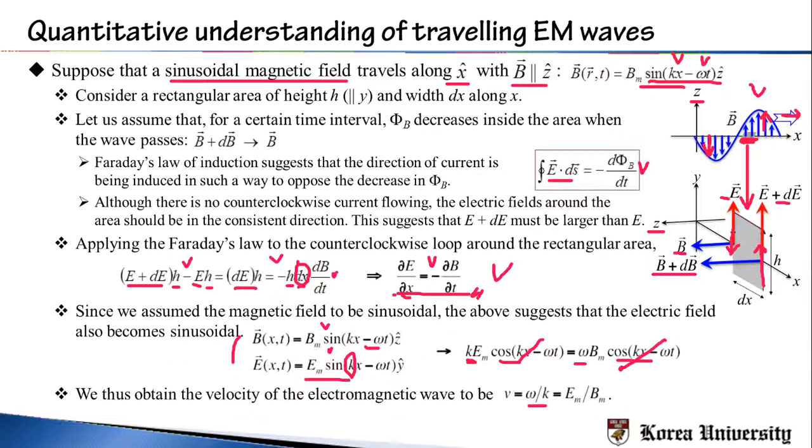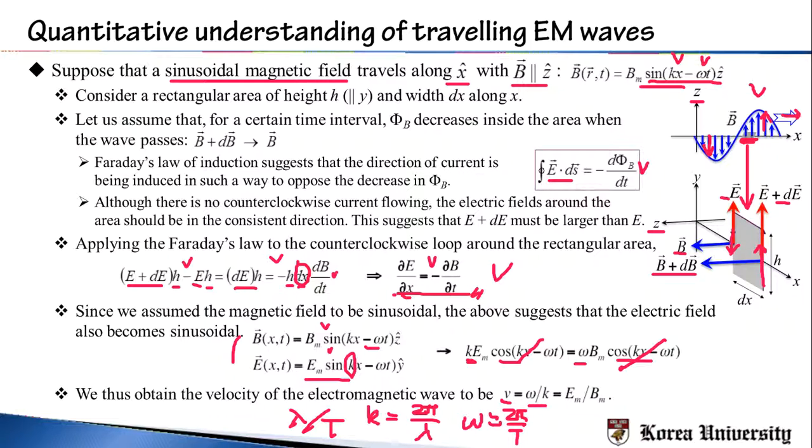Let me remind you that the wave number was 2 pi divided by lambda, the wavelength, and omega was 2 pi divided by the period of this wave. Therefore omega divided by k equals lambda divided by time, so length divided by time, which is the velocity of this traveling wave.